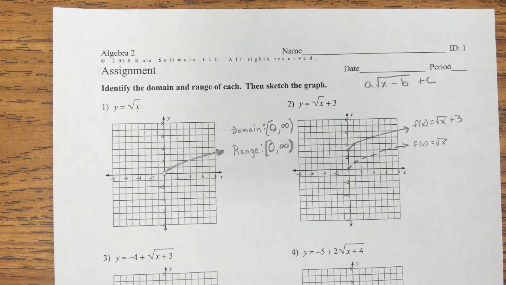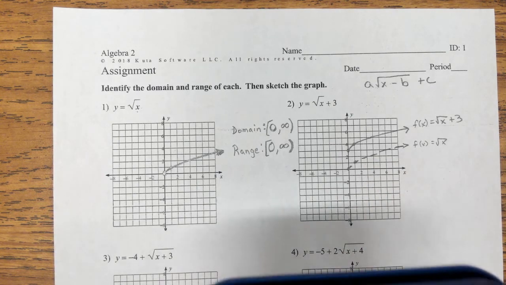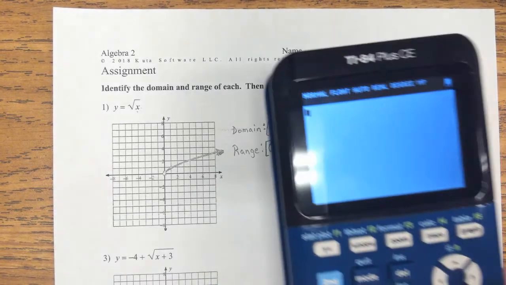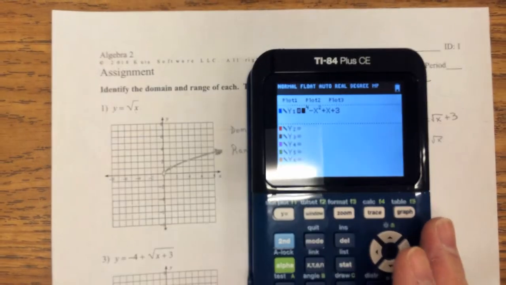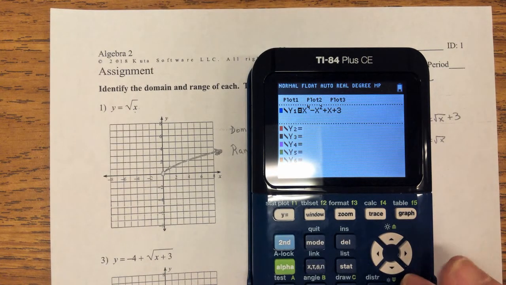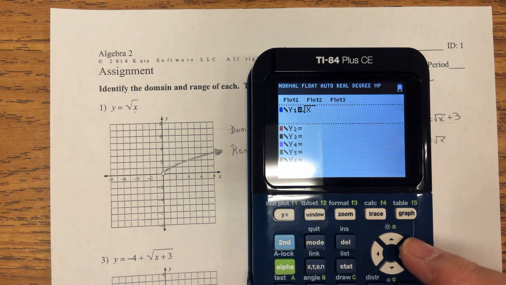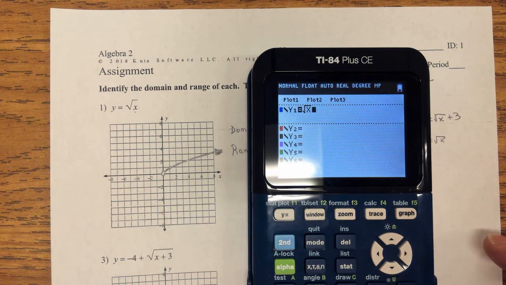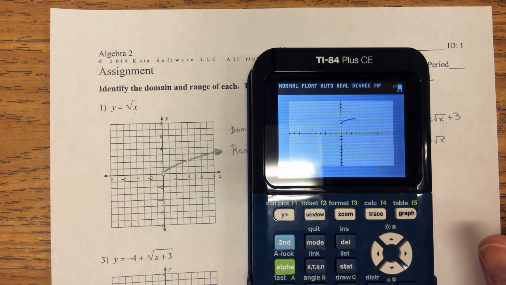Another thing you could do, if you're unsure about what that looks like, you could come in here into your handy dandy calculator, go to the y equals. Okay, we're good. And we'll just enter our function in. So second square root x, come out from underneath of my radical, plus 3, graph.